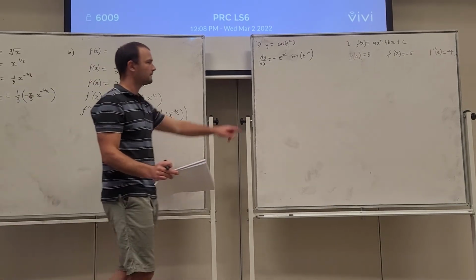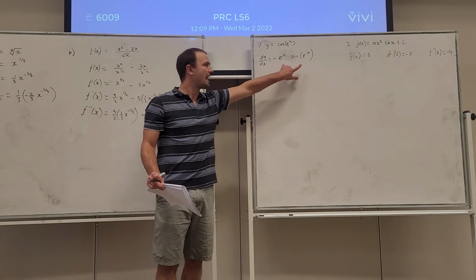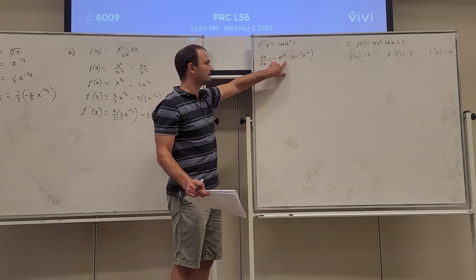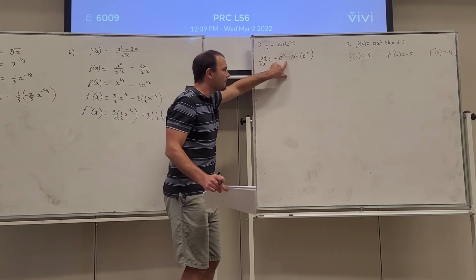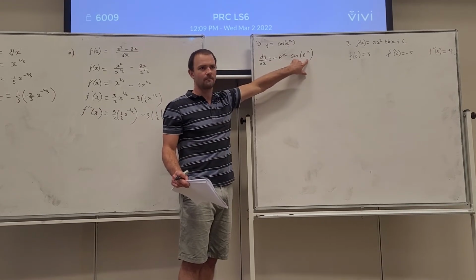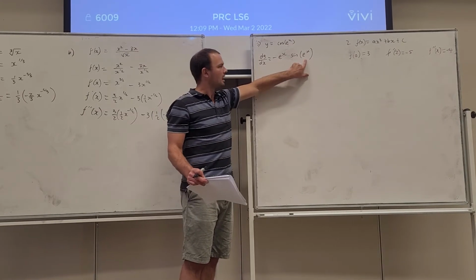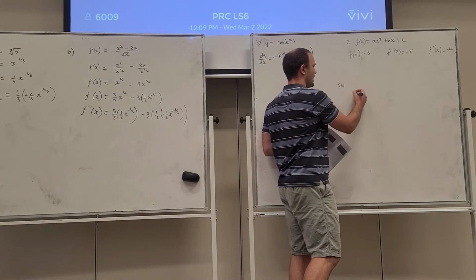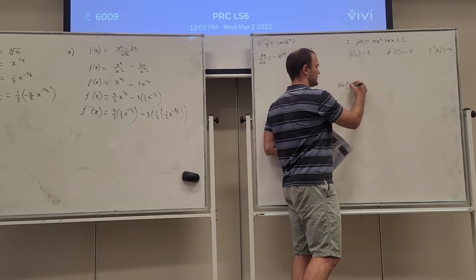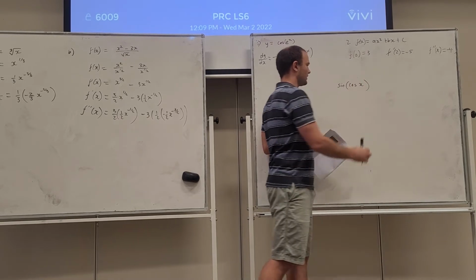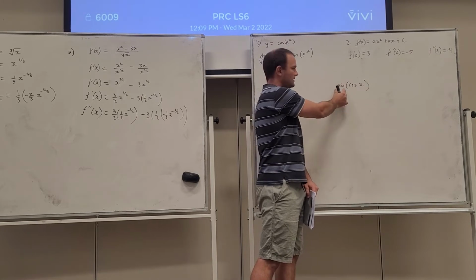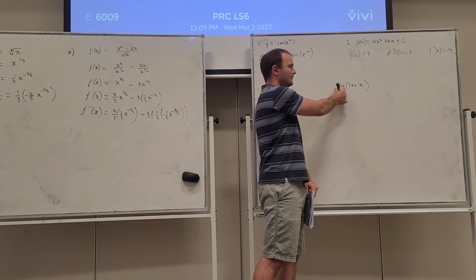Now in order to find the second derivative, we have to use the product rule. We have negative e to the x times sine of e to the x. Now, this probably goes without saying, but if you have sine of cos of x, sine by itself doesn't have any value.